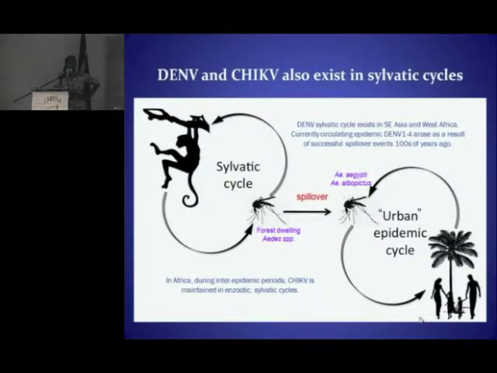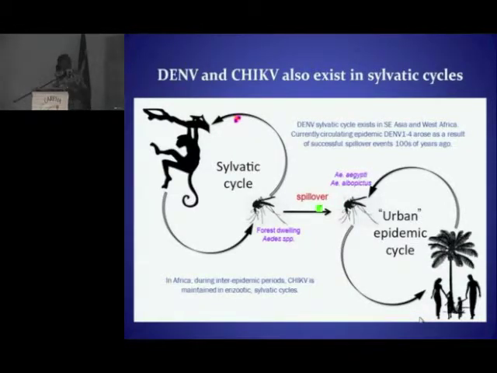Now, in the case of chikungunya, this sylvatic cycle occurs in Africa, and it is where the virus is maintained during inter-epidemic periods. So you have an enzootic sylvatic cycle maintaining the virus between outbreaks.